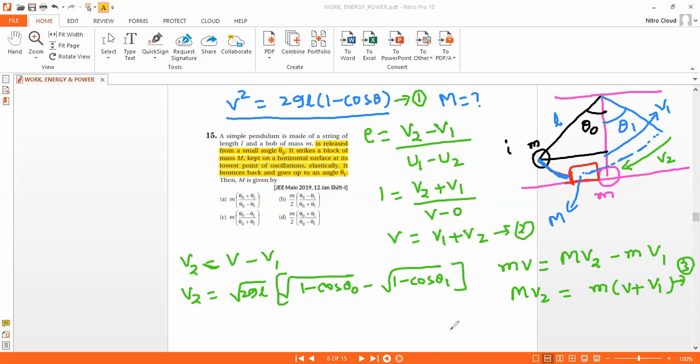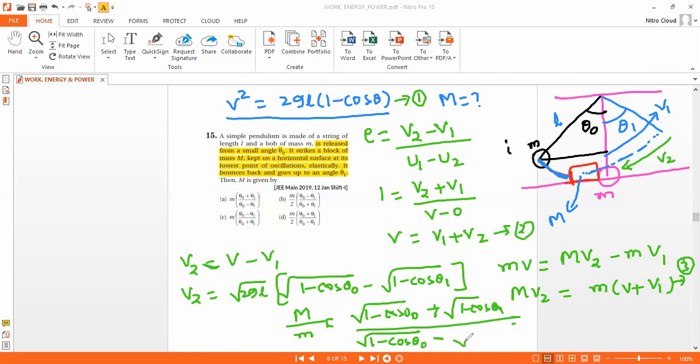So capital M by small m, I can write it as under root 1 minus cos theta naught plus under root 1 minus cos theta 1, by under root 1 minus cos theta naught minus under root 1 minus cos theta 1.